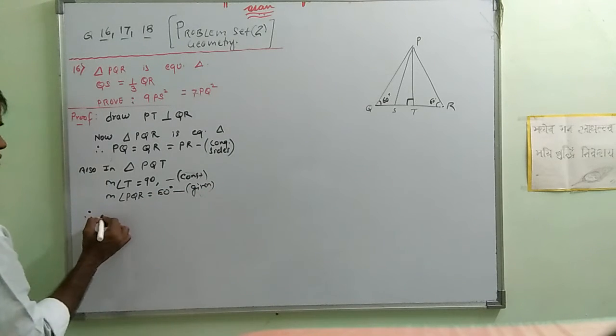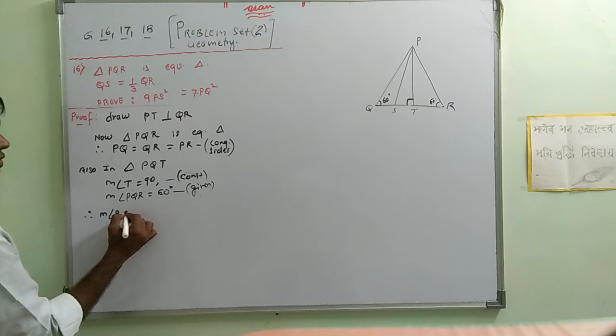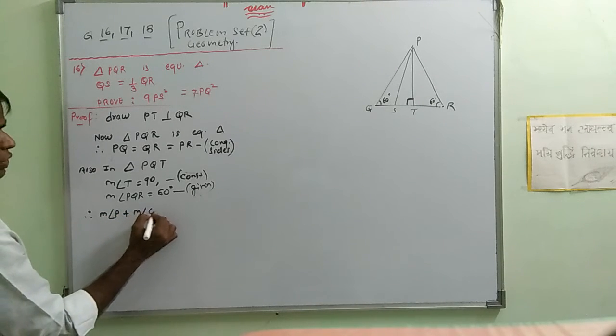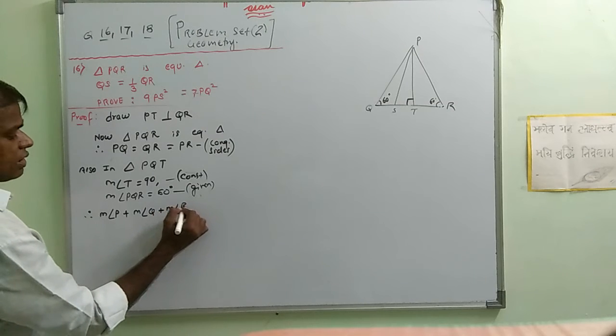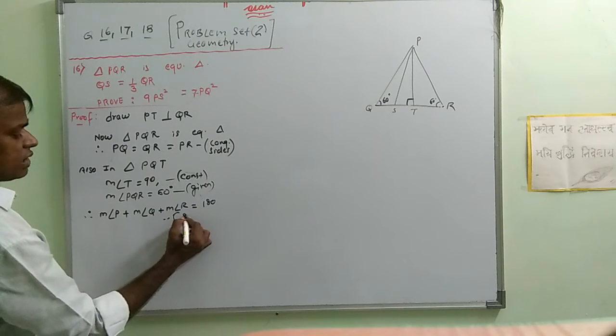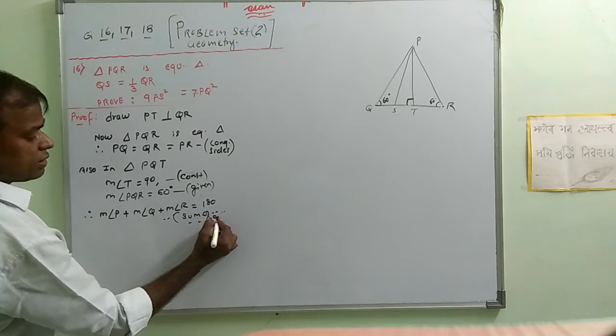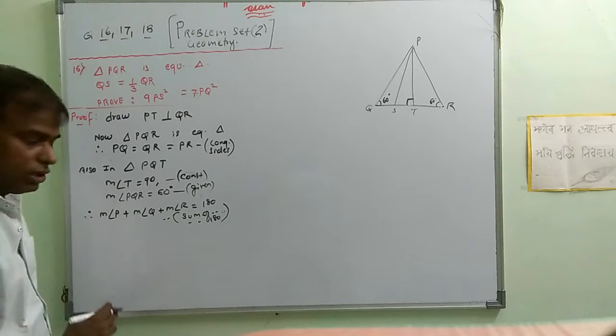Therefore, measure angle P plus measure angle Q plus measure angle R equals 180 degrees. Reason: we know that the sum of the measures of all the angles of a triangle is 180. We have to write in full.